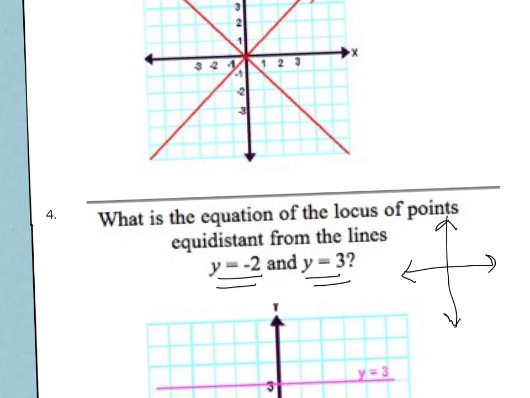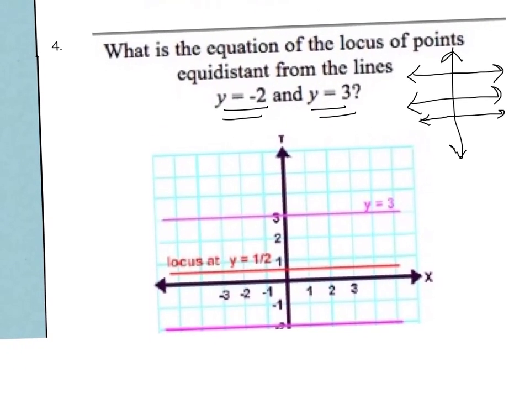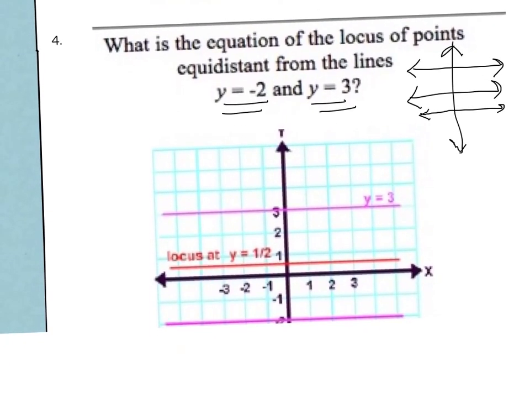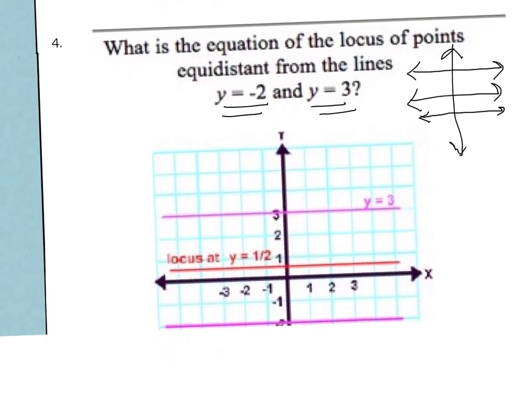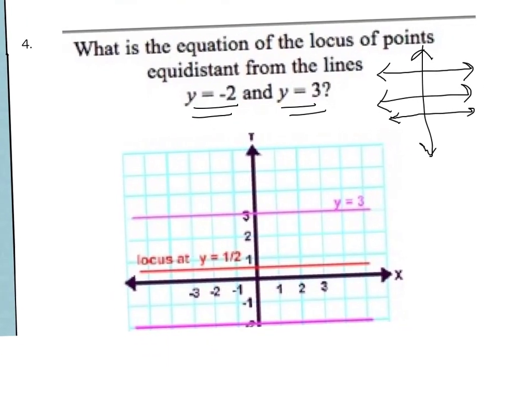So here is y equals negative 2, and here is y equals 3. What would be the locus of points that satisfies the condition of being equidistant from these 2 lines? And the answer is, that's right, y equals 1/2, because it is equidistant from y equals 3 and y equals negative 2.